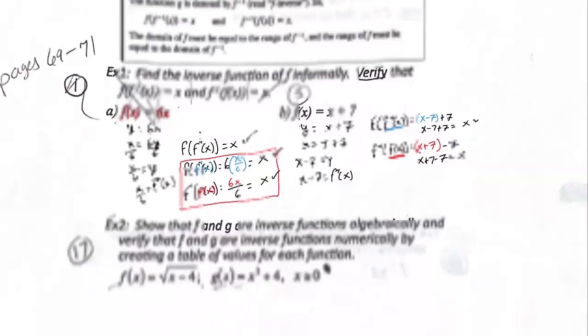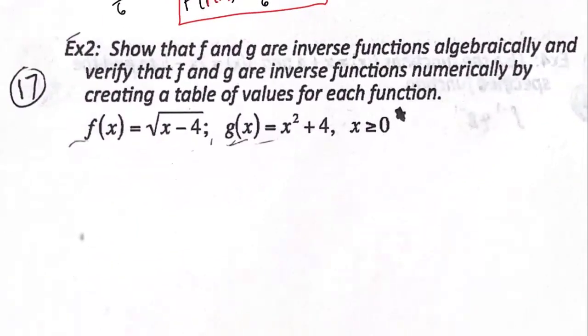Okay, let's move on. Number 2: show that f and g are inverse functions algebraically, and verify that f and g are inverse functions numerically by creating a table of values for each function. So we're gonna do it algebraically, and then we're gonna do it numerically.